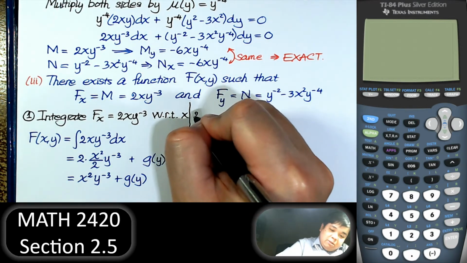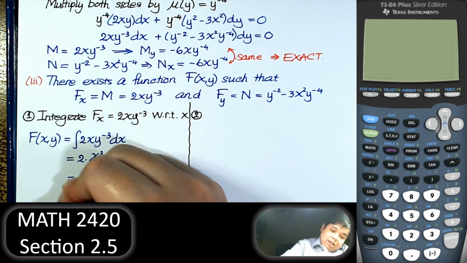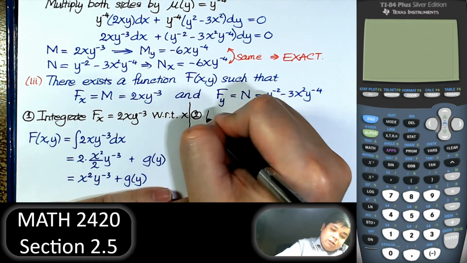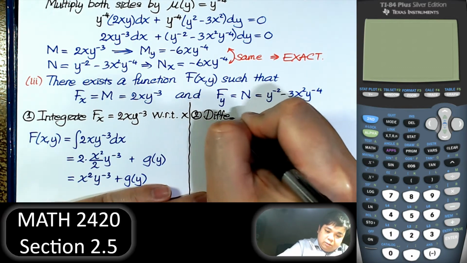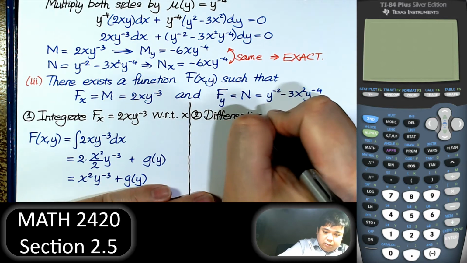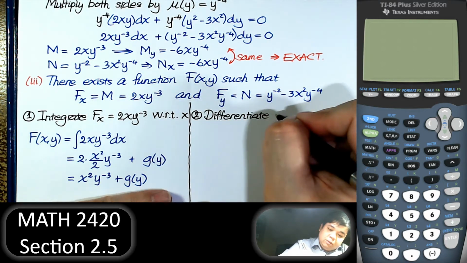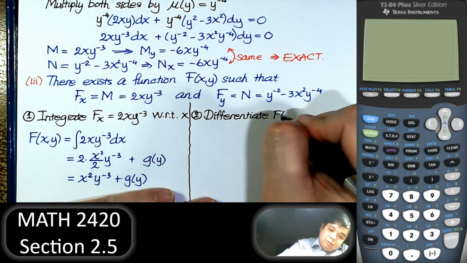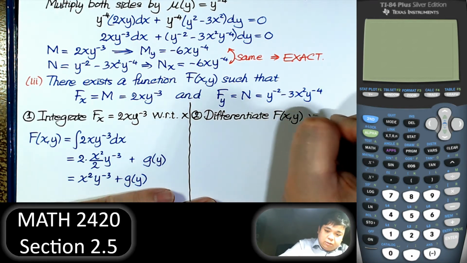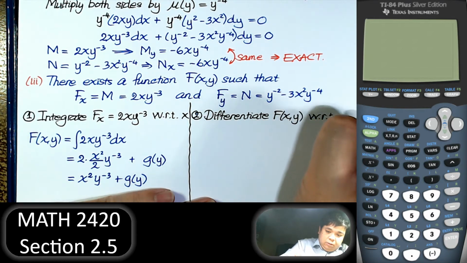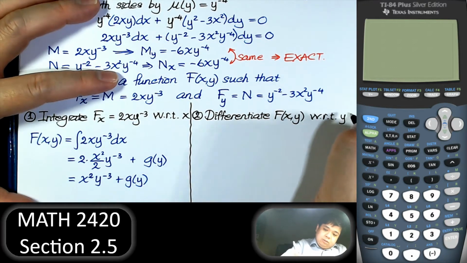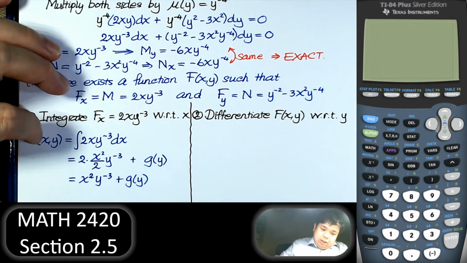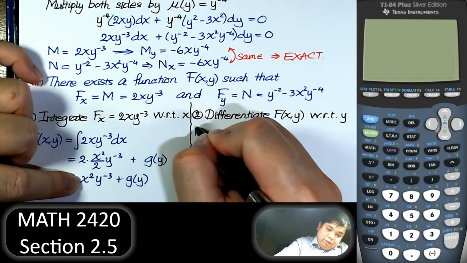The second step, of course, is to differentiate the result with respect to y. So we take the derivative with respect to y.